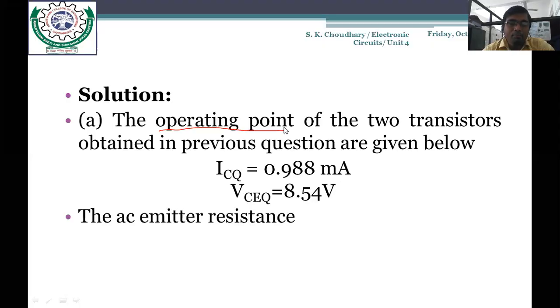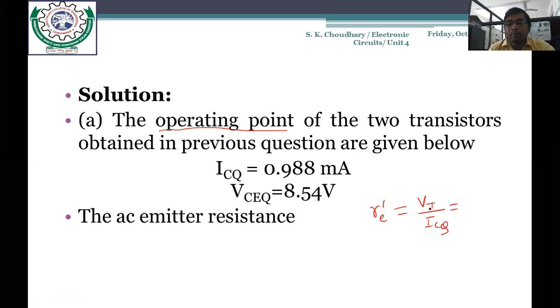By taking the same value of the operating point or Q point, you first calculate the AC emitter resistance. So what is the value of AC emitter resistance? That is RE dash. It is the internal resistance of the transistor, so it is VT upon ICQ.